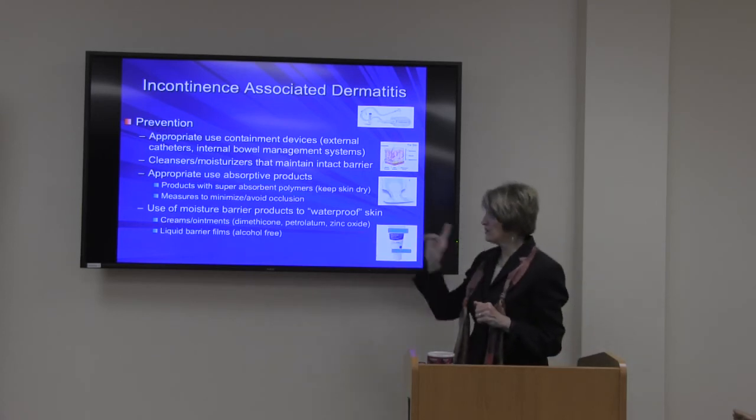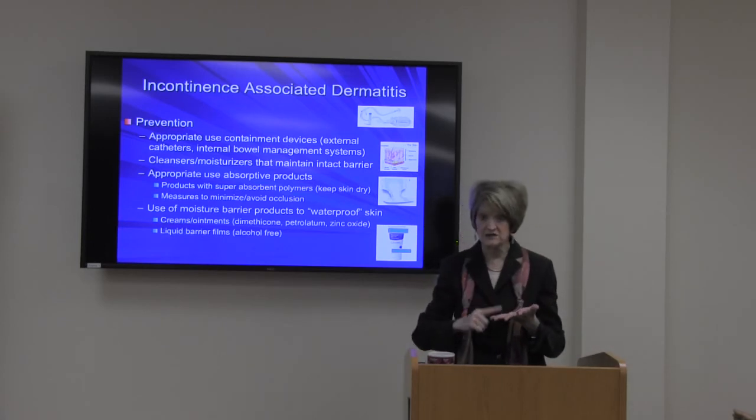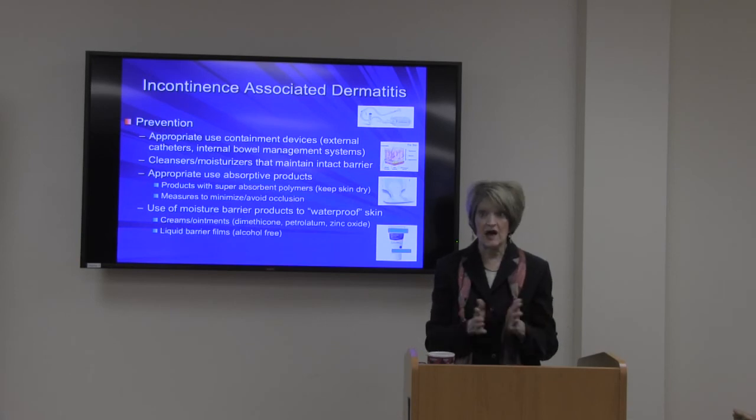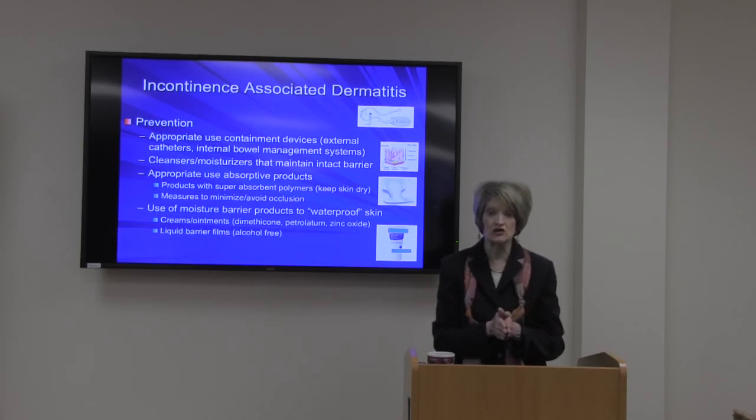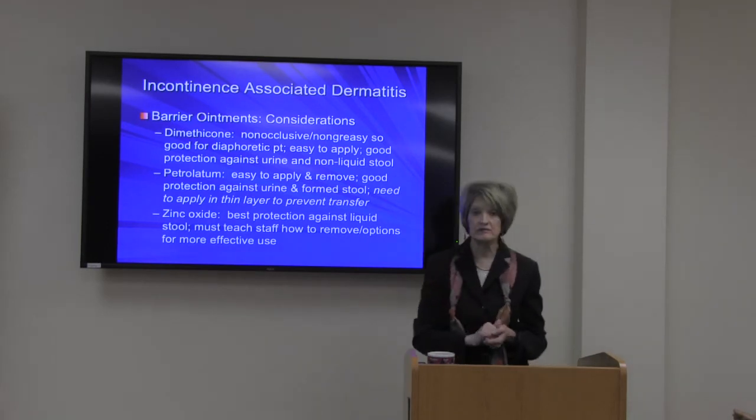So there's a lot of ointments out there. Most of them are either dimethicone-based, petrolatum-based, zinc oxide-based, or a combination. And we also have the option to use liquid barrier films, our alcohol-free spray-on or wipe-on films. So we're going to talk about these briefly.